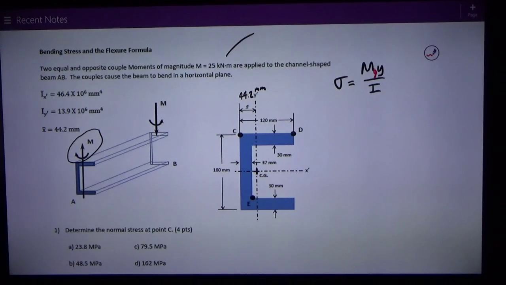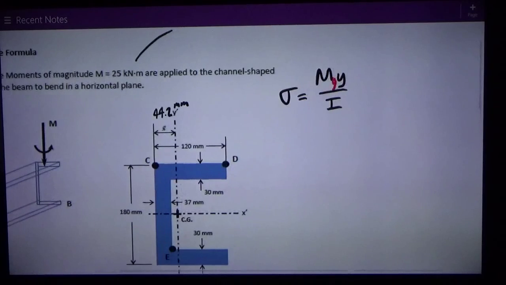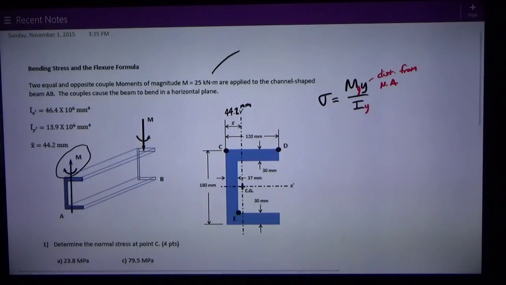So it's y-axis bending, therefore we're using Iy. And y is the distance from the neutral axis. So those are the important things that you need to sort out before you do the problem, because the math is really quite easy.